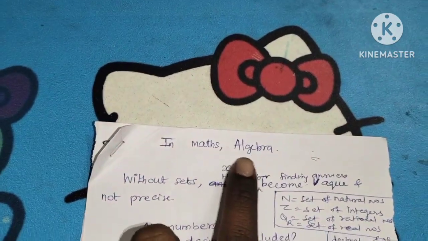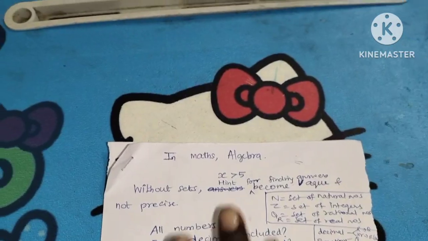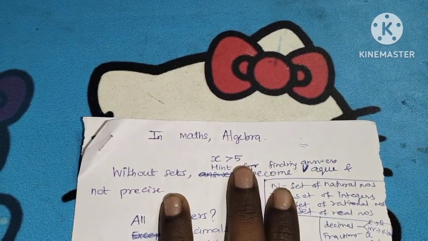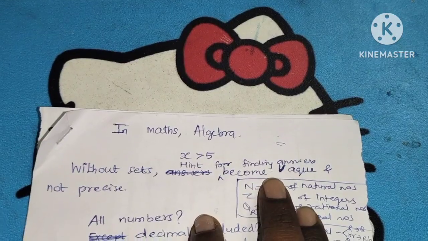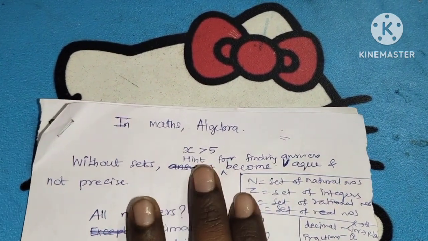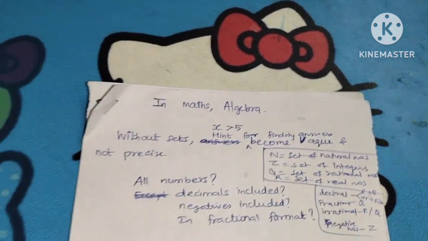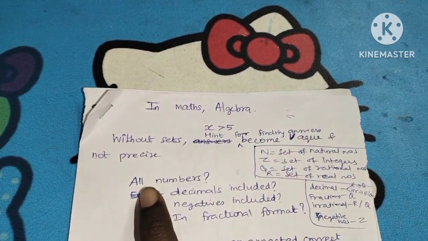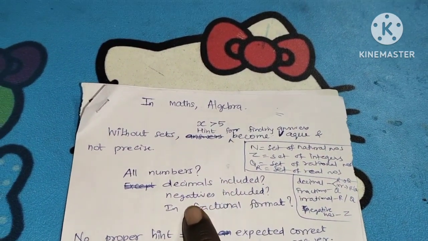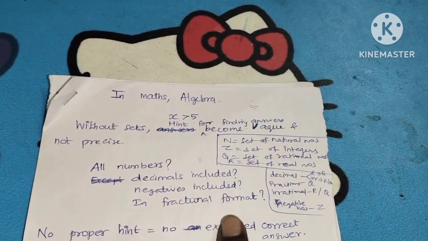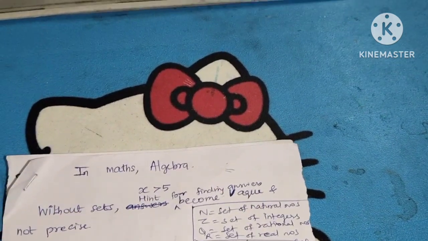In maths algebra, sets are used. If we say x is greater than 5, without sets the hint for finding the answer becomes very vague and not precise. For example, here the confusion is: does it include all numbers, are decimals included, negative numbers, fractions? We will have a lot of doubts.